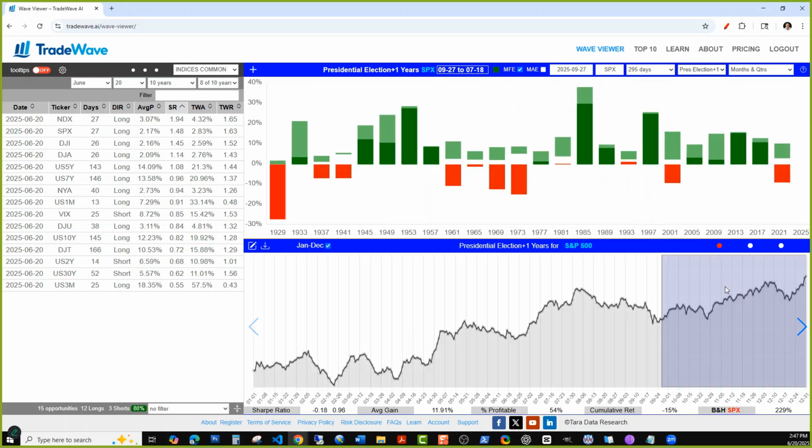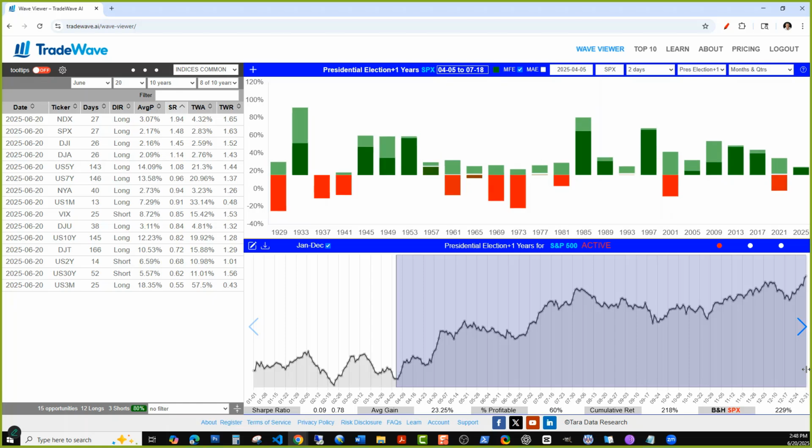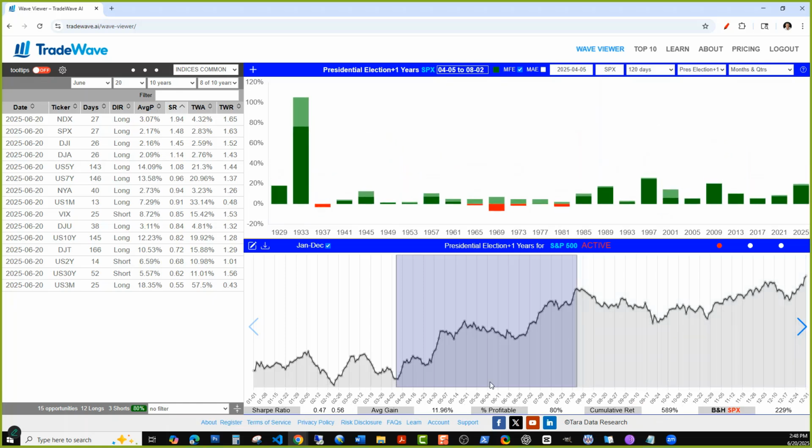Let's go back to PE+1, and the discovery that we found was right here. And it all really depends on the type of trader you are. So let's say we decide that this market is going to be bullish, and especially there's another bullish period right here.